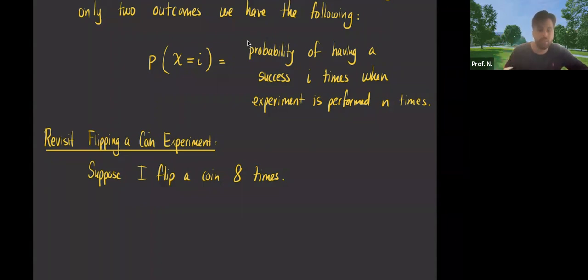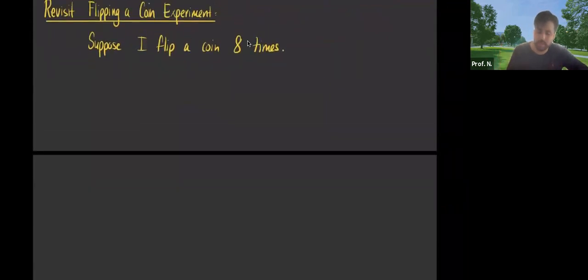Now, what are the values of my random variable? Again, my random variable is a binomial random variable. So what are the outcomes of my random variable? Let me define what x would be.